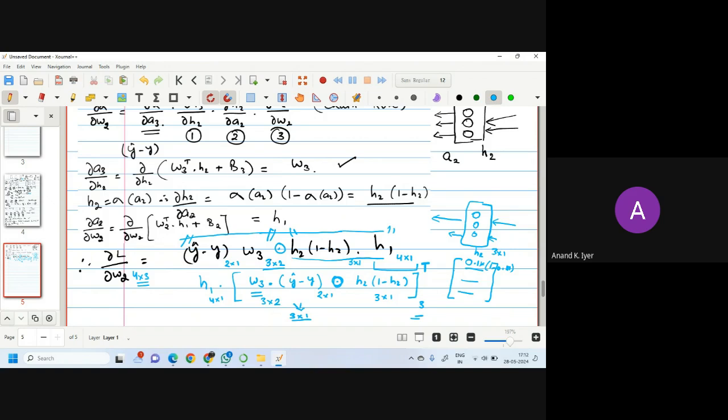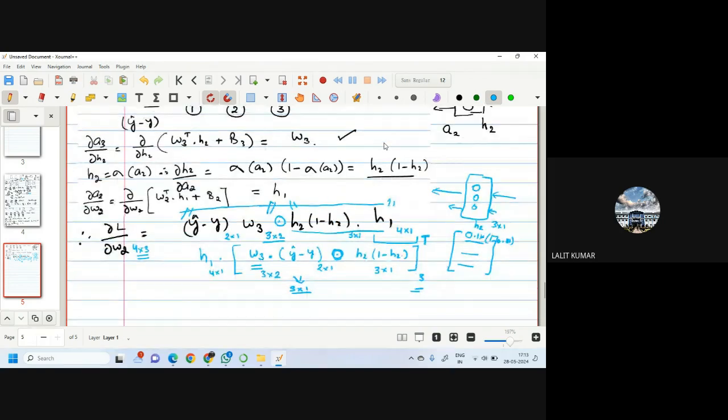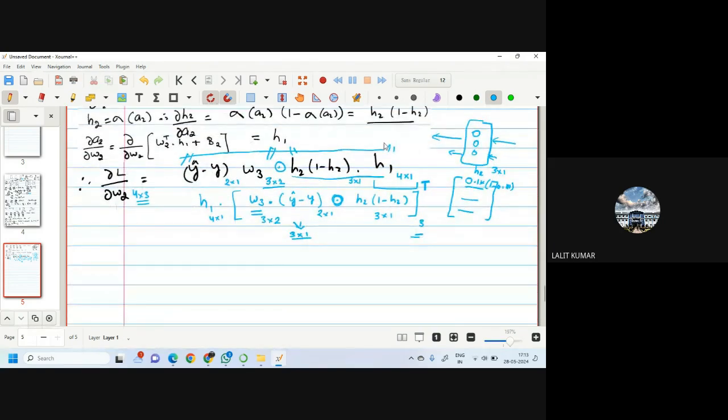Is it always a good idea to do it like this? Because it depends on the input, the matrix sizes, right? See, till now what we are following is that we pass a column as an input and we get a column as an output.